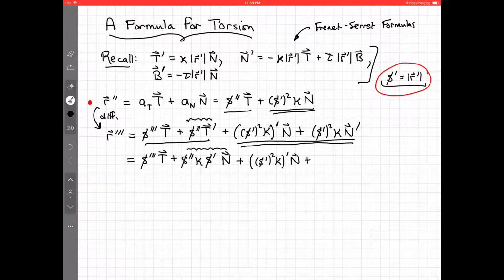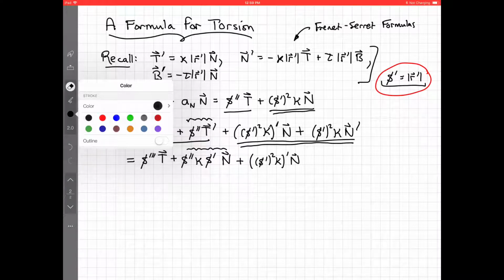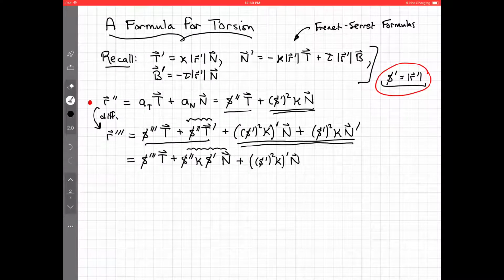So it has two terms. The first one being a negative, right? So we have minus s prime squared times kappa times negative kappa, and then another copy of s prime. Remember, the length of r prime is the same thing as s prime, so we actually have a cubed here times t.